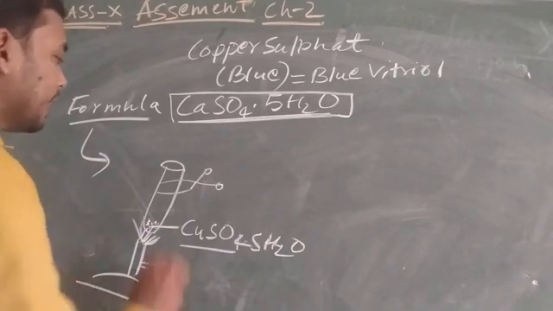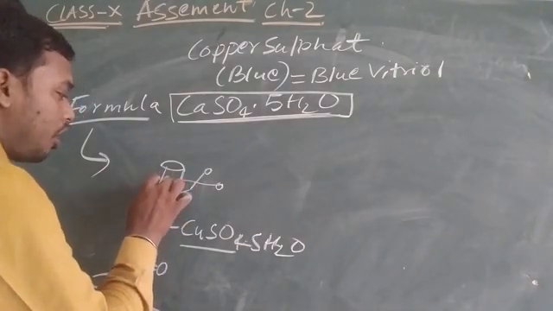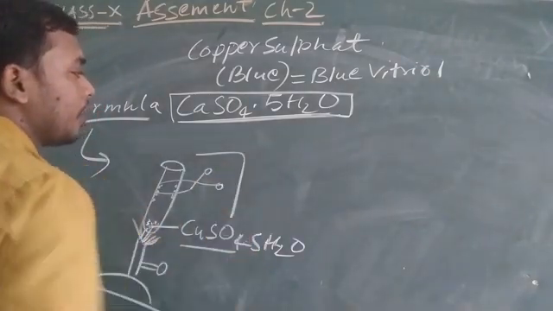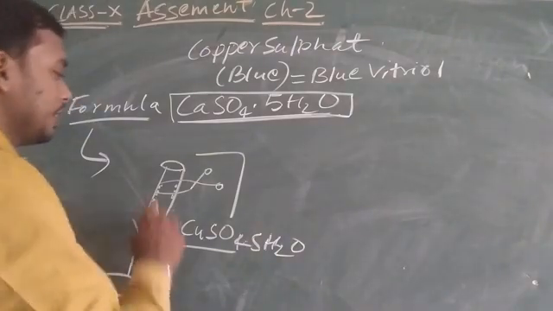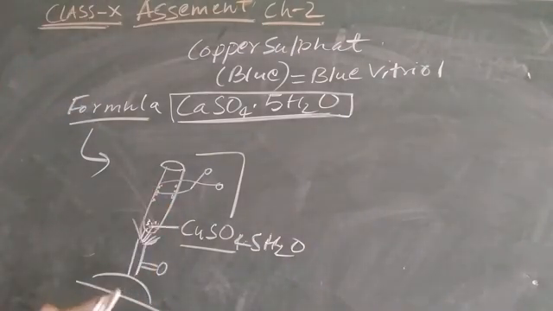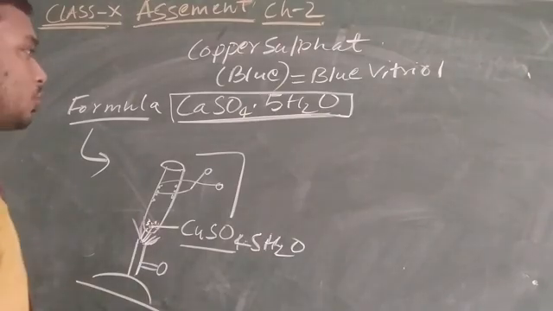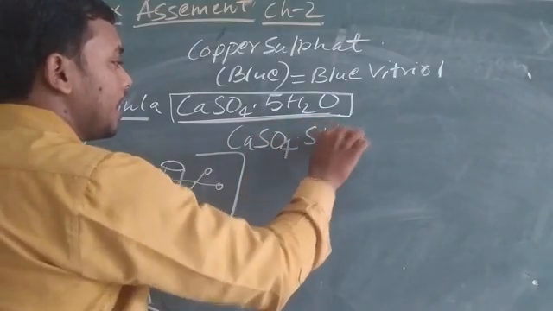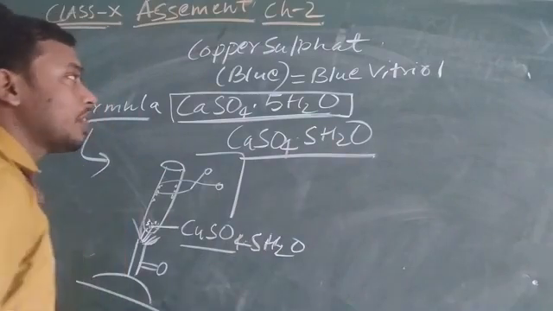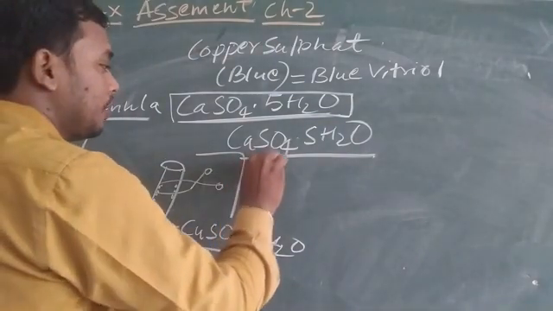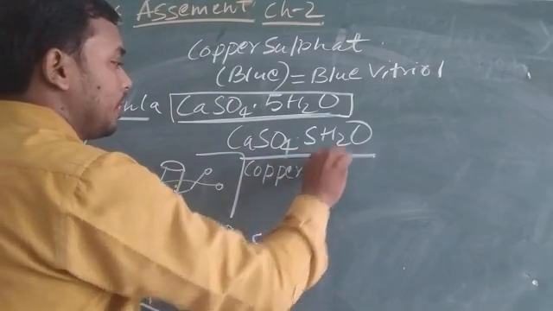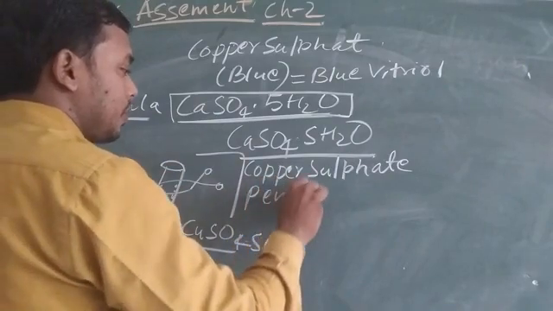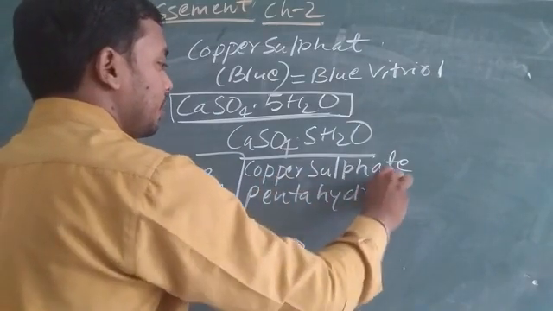After heating, a vapor is formed on the upper surface, at the mouth of the test tube. It means that it contains an amount of water, that is 5H2O, and this name is copper sulfate pentahydrate.